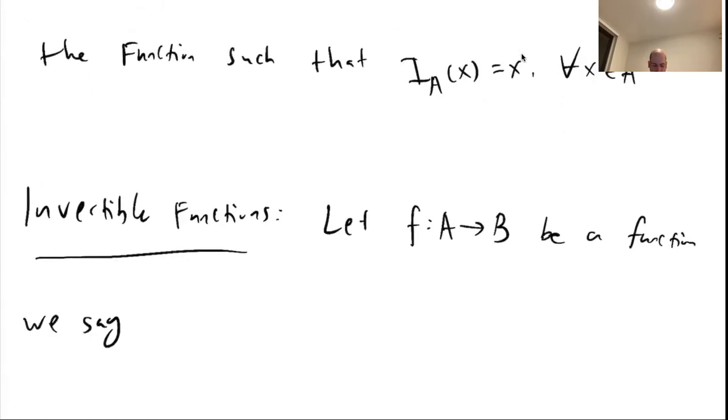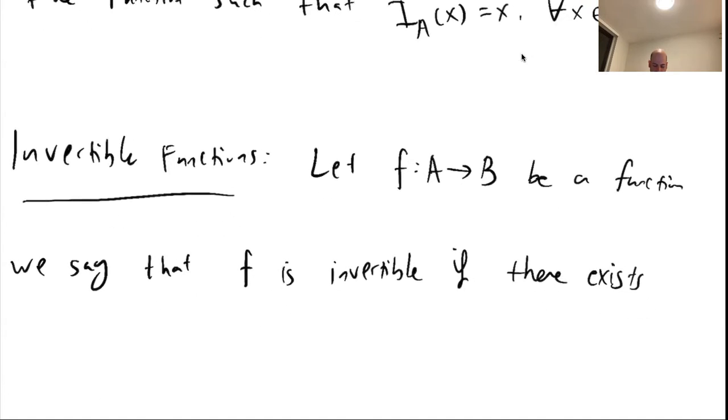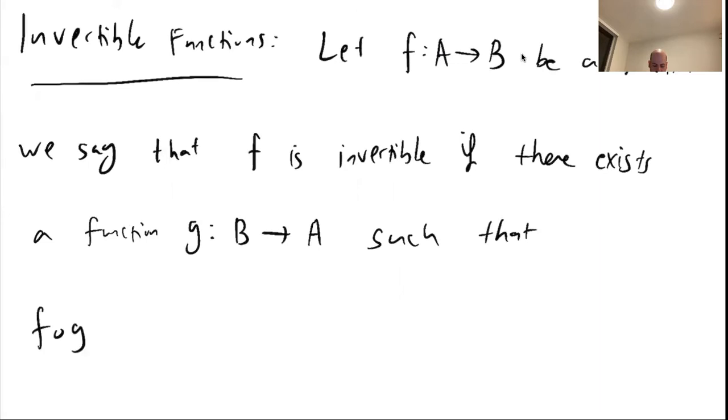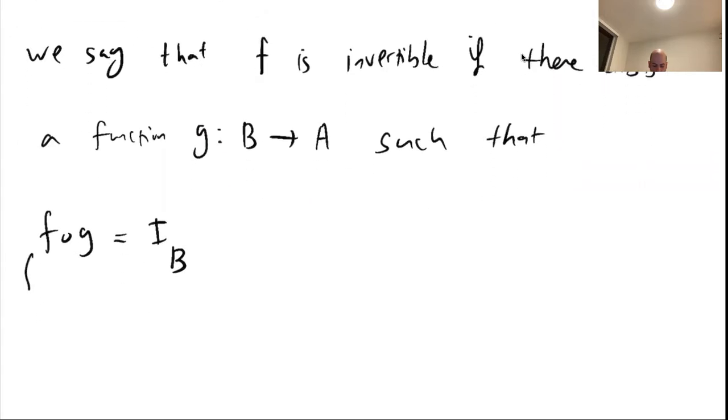We say that f is invertible if there exists a function g from B to A such that f of g becomes the identity function on B, and g of f becomes the identity function on A. So when you compose f with its inverse, g is called the inverse of f.